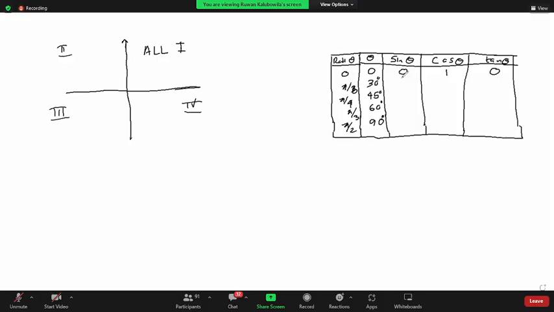Then, what is cos π/6, or cos 30 in degrees? This is equal to 1/2.